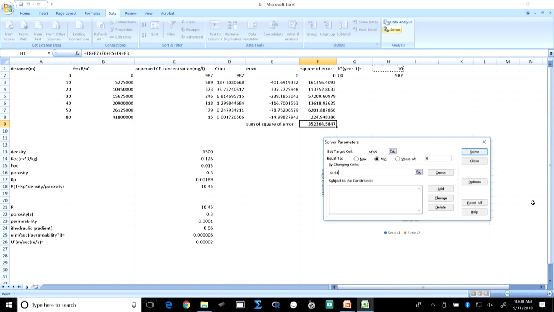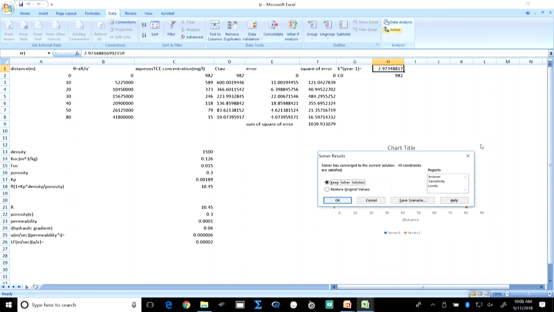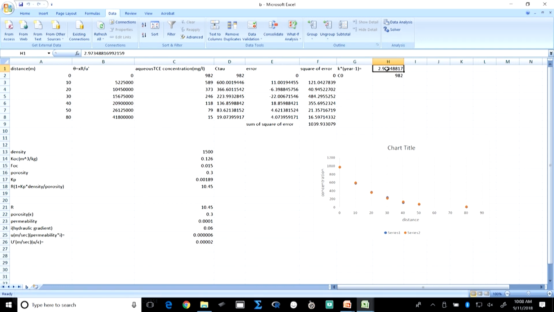So, let us ask it to solve, and I am going to ask it to keep the solver solution, and now you see that I end up with a relatively accurate estimate of the k star, which is 2.9 per year.